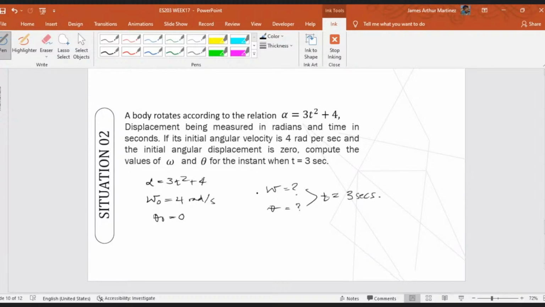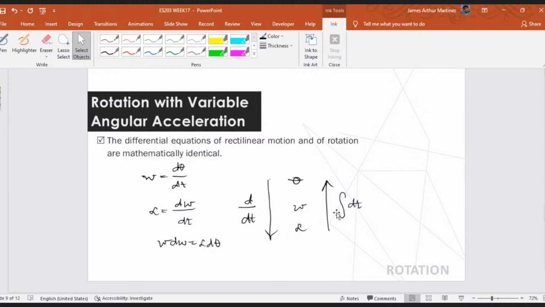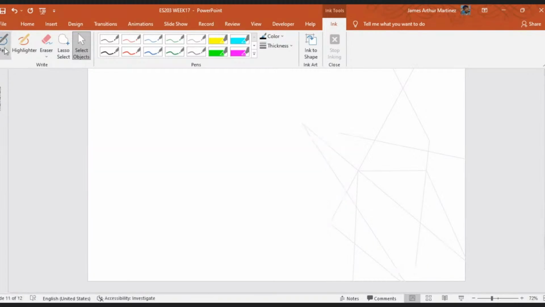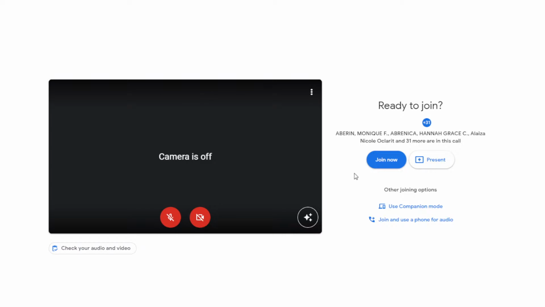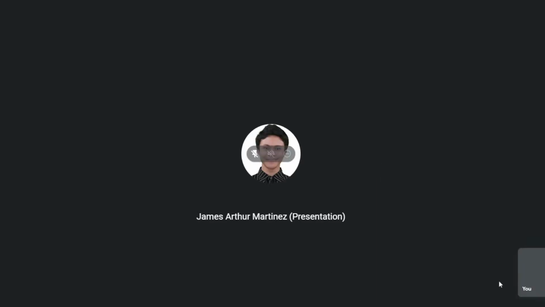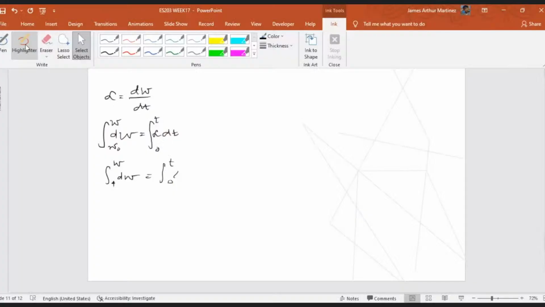Okay. So by applying the differential equations for rotation, we are given alpha, and the goal is omega. So by this, we do integration, from alpha to omega. From beginning to end, the integral of 3t squared plus 4 dt.